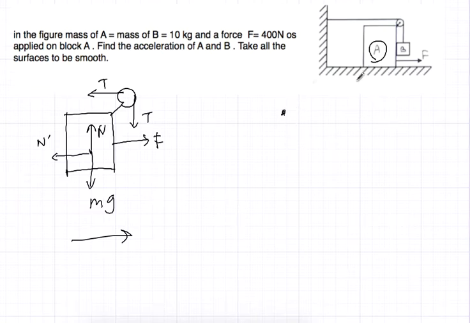Now this body is moving in this direction, so we'll take the forces only in this direction, not the vertical ones. Because there is no friction, let me draw. This is F, there is a tension T, this force is T, this force is F. Then there is N dash.